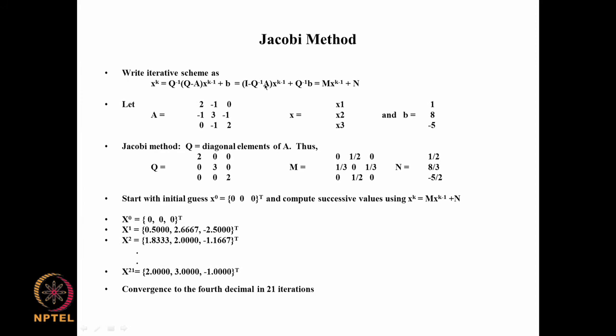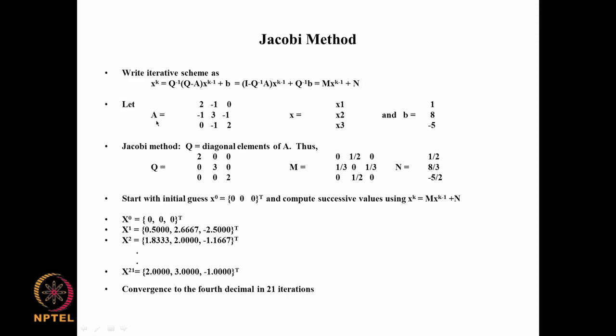You can also put this as M x_{k-1} plus N, where M is this whole thing and N is Q inverse b. Although it is written like this, in the actual case we do not really find the Q inverse and then find all these things. We will see how it will be done.